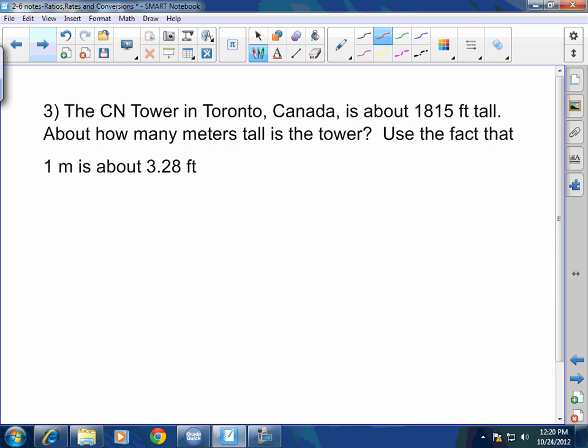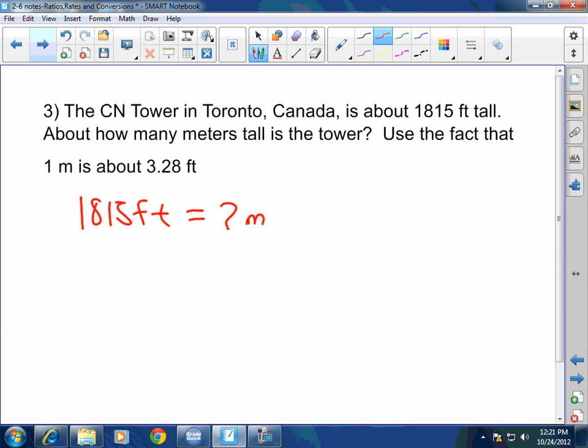All right, next. The CN Tower in Toronto, Canada is about 1,815 feet tall. About how many meters tall is the tower? Use the fact that 1 meter is about 3.28 feet. First things first, I'm going from 1815 feet. I want to know how many meters it is.